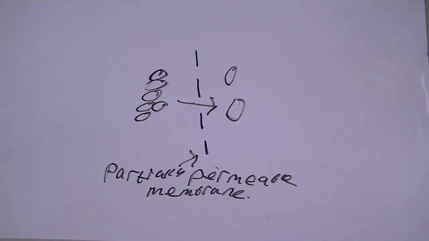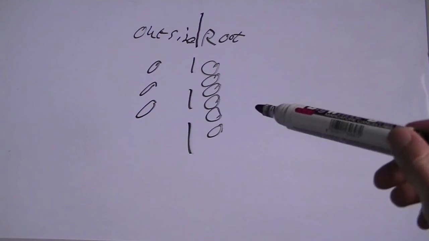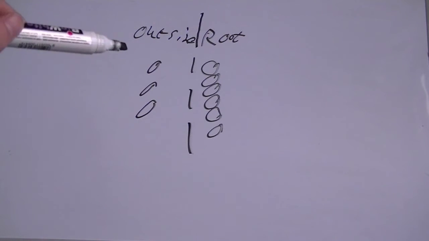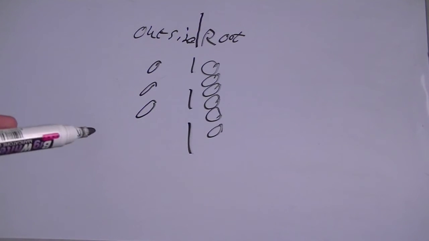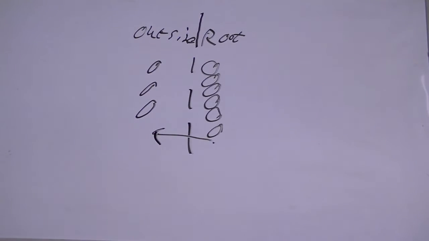So, there's another thing that you need to know when it comes to water movement, and that is known as active transport. So, in some situations, there may be a case where the root side of the plant has a higher concentration of water than the other side of the plant, so in the dirt, etc. And in this situation, you would normally assume that the water particles would move across and out.